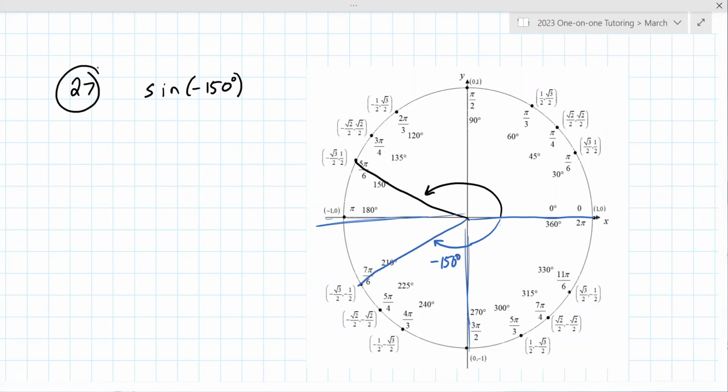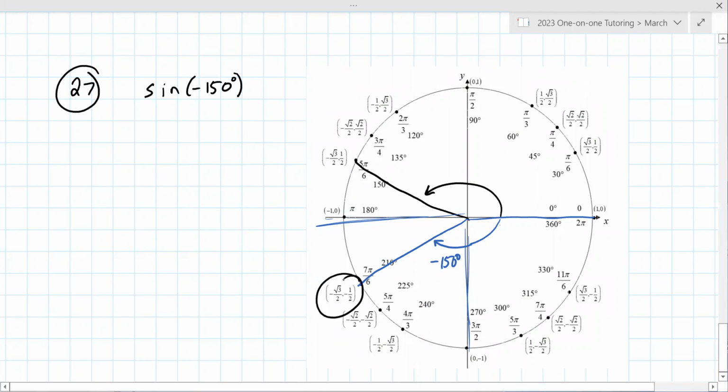So degrees are better than radians. Looks like we've got some radian problems that we'll do in a bit. So sine is the y value. So you just go right there and you just have to read off the y value. What is the y value at this place?